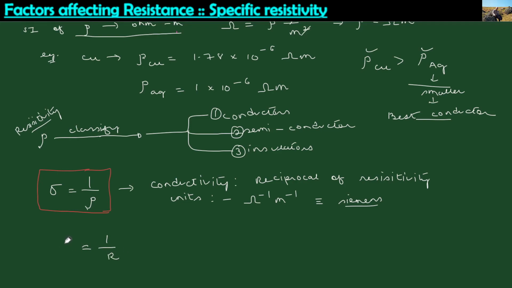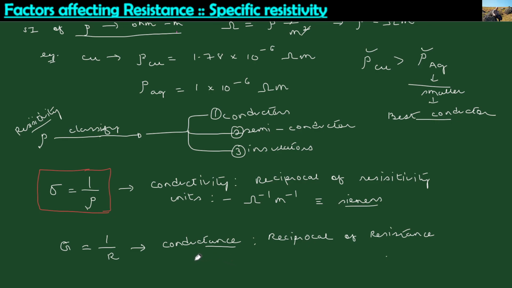Another form that you need to know is that when we take the reciprocal of resistance, we get a term which is known by G. This is known as your conductance. So what is this conductance? This conductance is nothing but the reciprocal of resistance, defined as conductance.